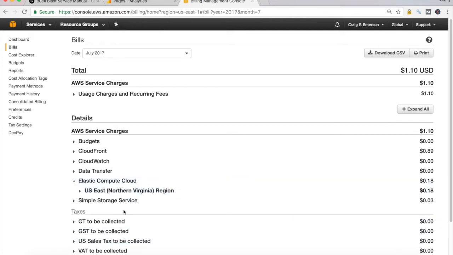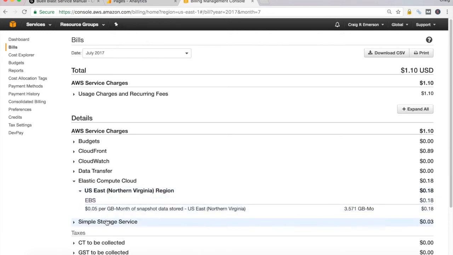If I delve into the details here, I can see my EC2 instance was set up in the US East region, and I'm paying for storage. EBS is Amazon's Elastic Block Storage, and I have 3.5 gigabytes of storage that I'm using.